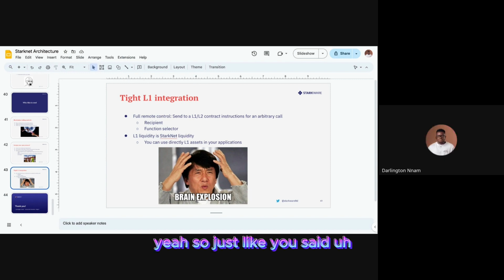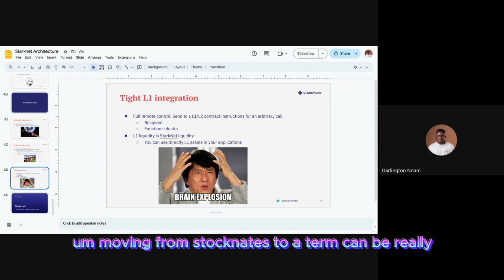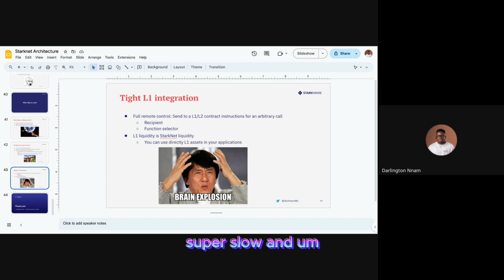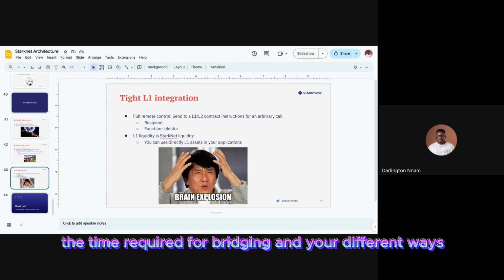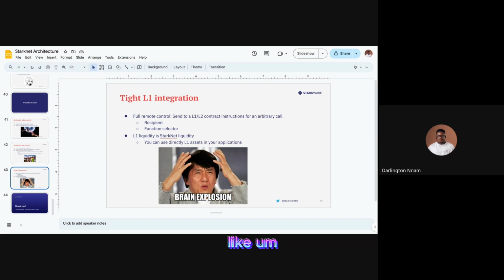Yeah, so just like you said, moving from Starknet to Ethereum can be really slow and very difficult to debug, right? But moving from Ethereum to Starknet is super quick. I don't think it goes against the concept of liquidity still being available. Yes, there are some limitations, such as the time required for bridging, and there are different ways people are trying to circumvent this.